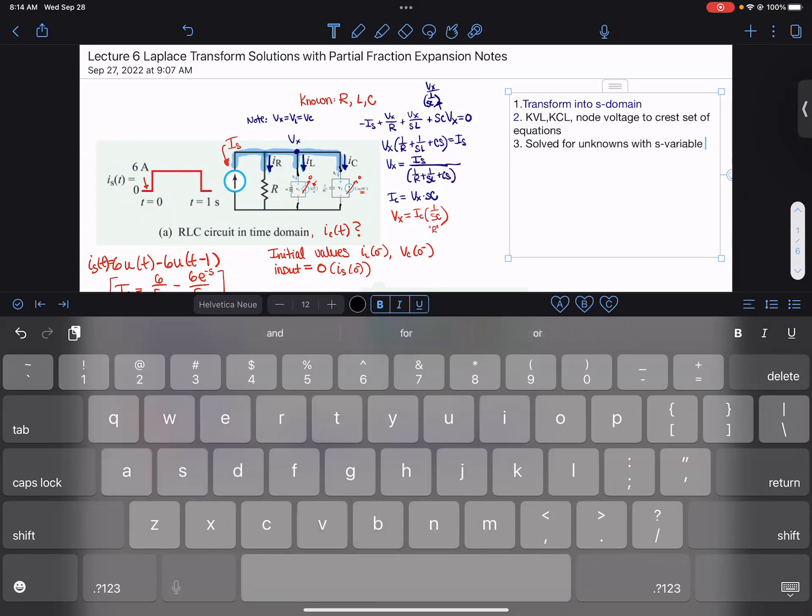So I'm going to just put with the S variable. So now everything is in that S domain. So then our solution is with S in it as the variable. So then we needed to do one more step before we can transfer back. Correct. So we have to manipulate the equation to get it into the form to match up into the table.